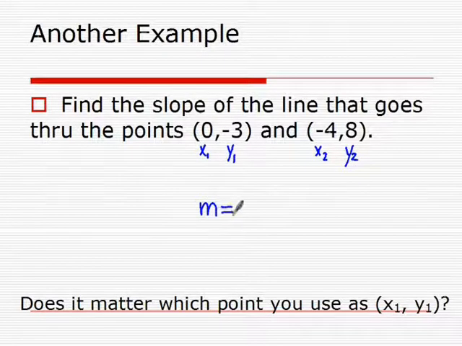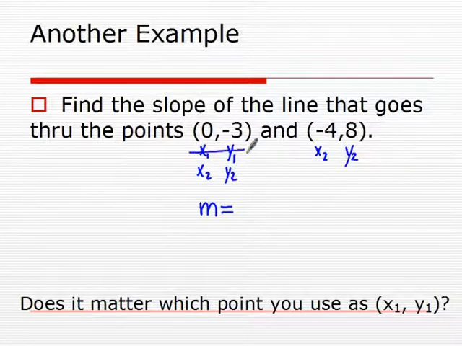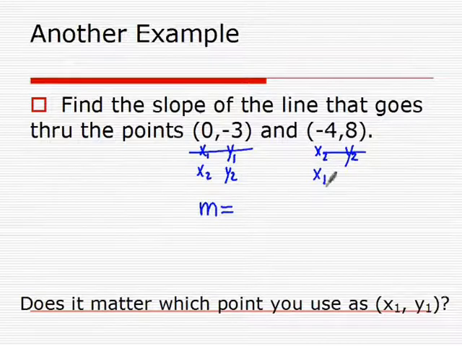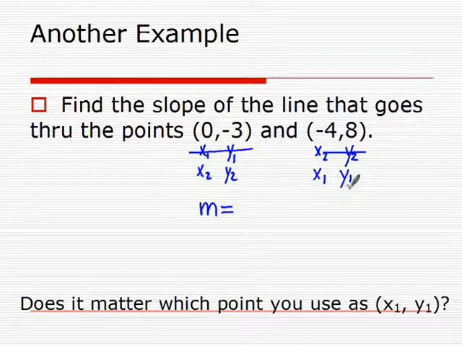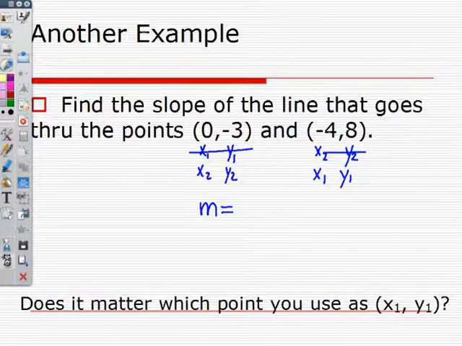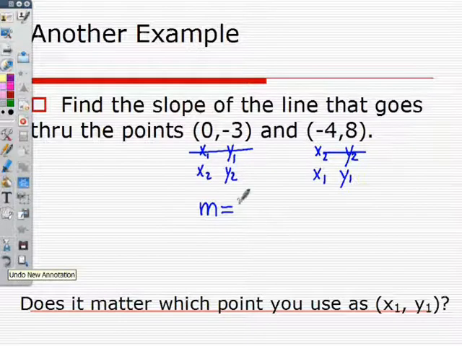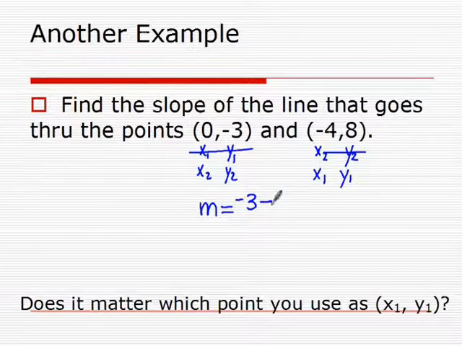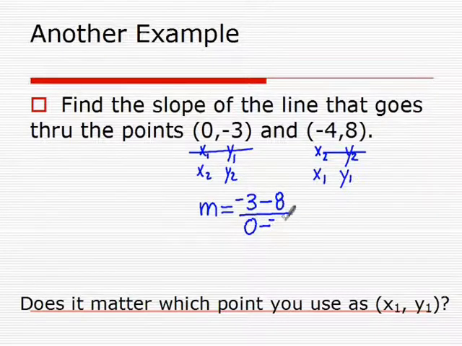Okay. So I'm going to say that these are 2 instead. Okay, so I'm going to change it. And I'm going to call these ones x1 and y1. So I do y2 minus y1, which is 8, over x2 minus x1, which is -4.